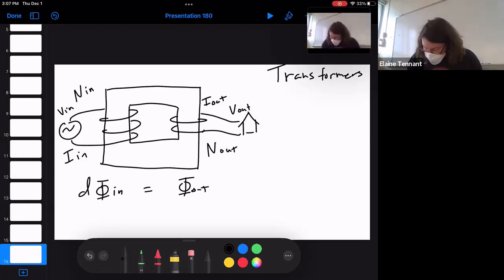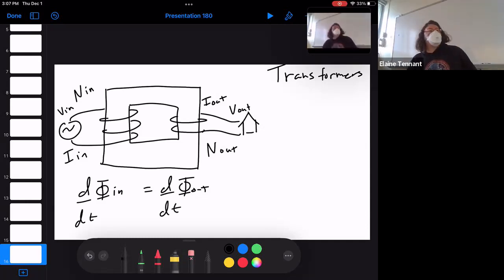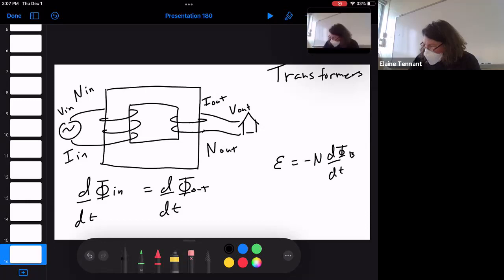In fact, they're going to have the same rate of change. What might be different, though, is the number of coils on each side. If you remember, Faraday's law talks about the number of coils times a change in magnetic flux. So basically this change of magnetic flux is the same, but the number of coils, and therefore the voltage, will be different.